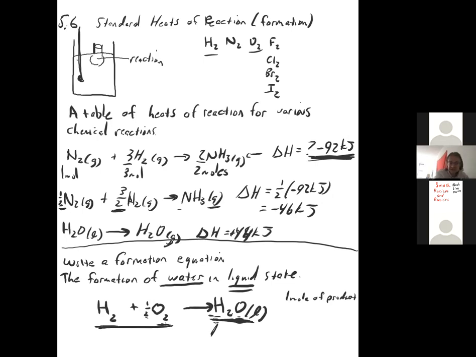The reason for this is because when we produce tables of these delta H's, we want to have it done in a very standard way. And the standard way is to have the 1 mole of the product. We just want to have 1 mole.